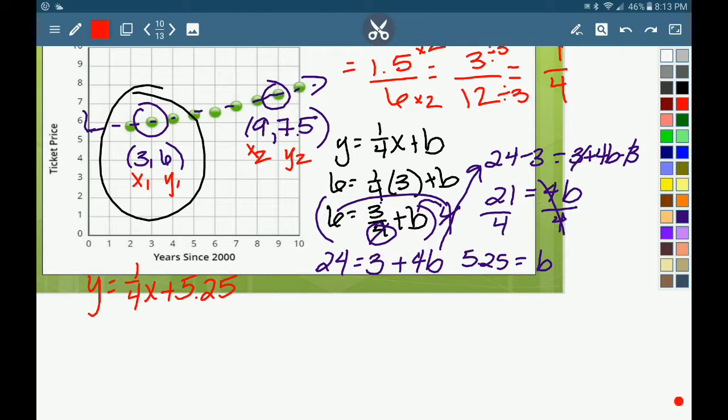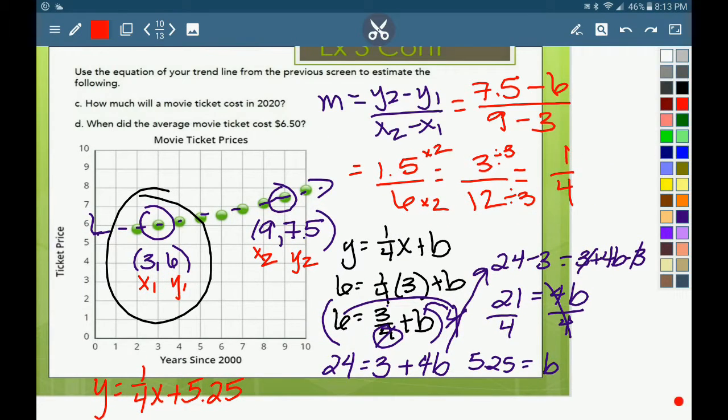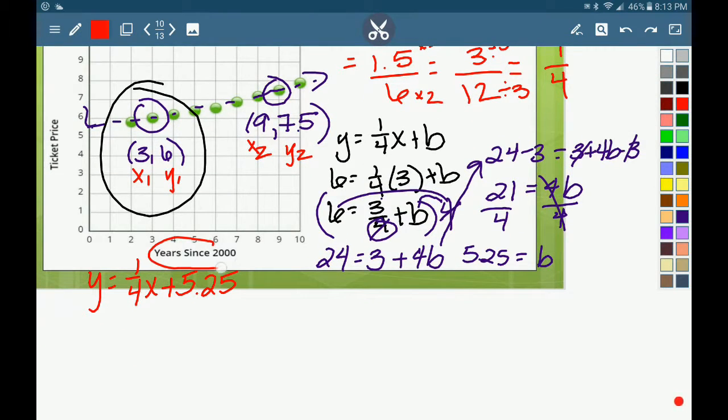Now I'm ready to make some estimations in part C and part D. We need to estimate how much a movie ticket will cost in 2020. Well, years are on the x-axis, but it does say years since 2000. 2020 is 20 years from 2000. So we need to be plugging in 20 in for x.